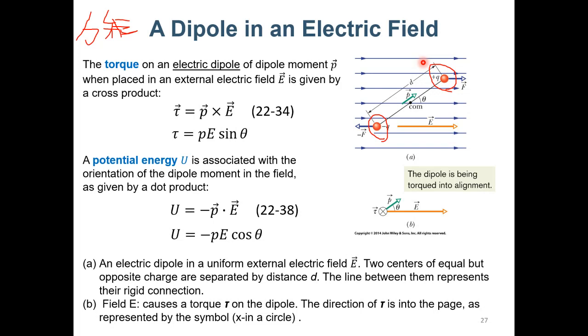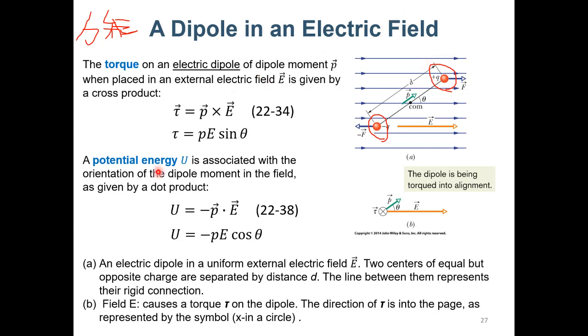The cross means pointing inside. If it is a dot, it's pointing outside. The direction of the torque means it rotates with respect to this axis, something like this.